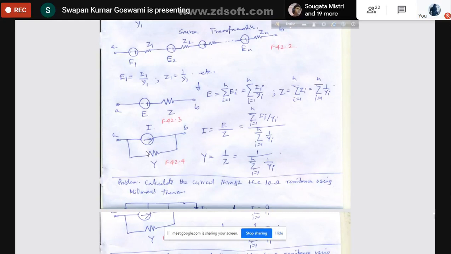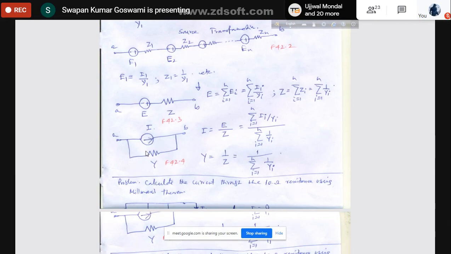Millman's theorem states how you can represent a number of series connected current sources as a single current source, and a number of parallel connected voltage sources as a single voltage source. Is there any question? Anybody having any question now?